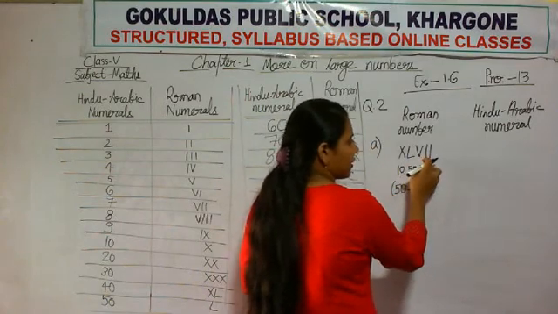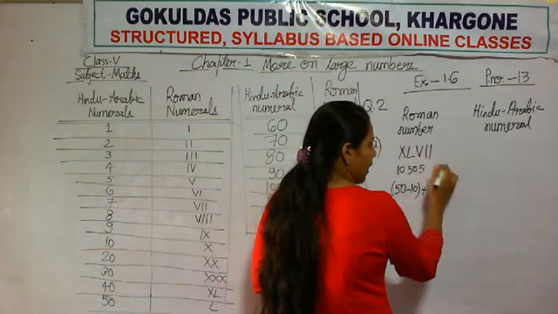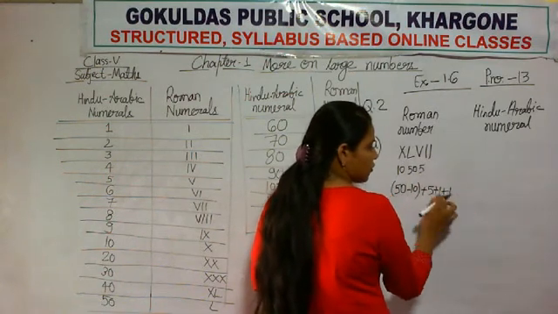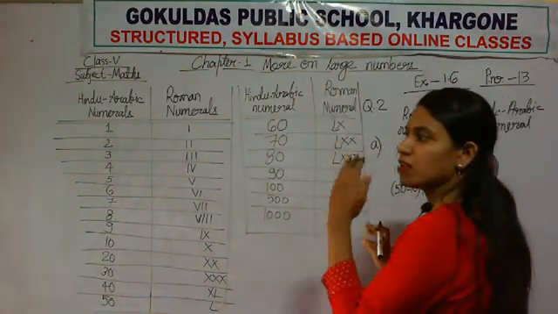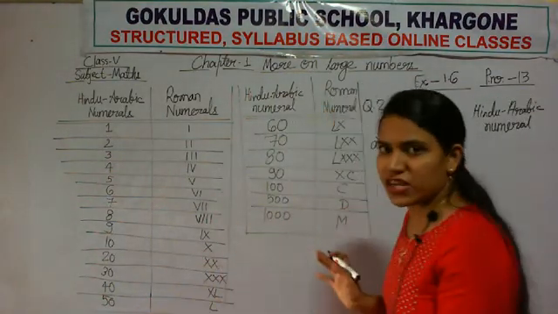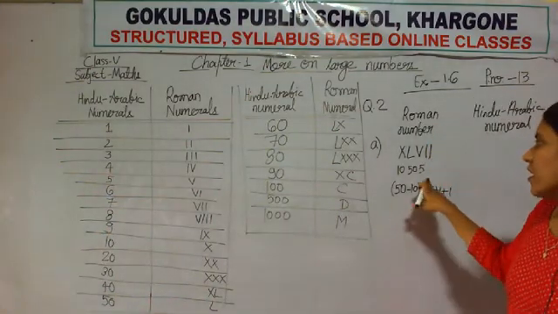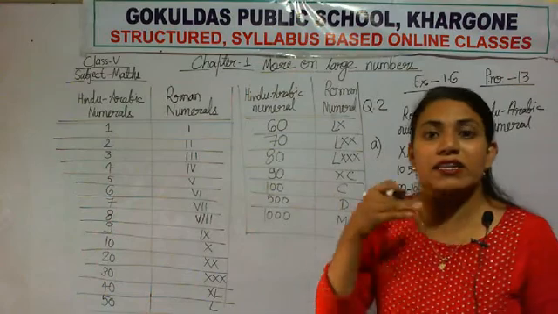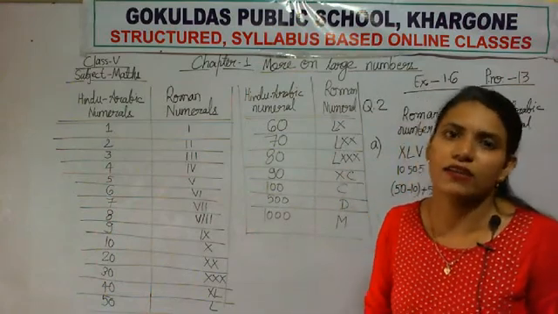Here 1 is smaller and placed at the right, so you will add it. Again 1 is smaller, so you will add it. If a smaller number is on the left side of the larger number, you have to do subtraction. But if a smaller number is right of the larger number, it shows addition in Roman numerals.